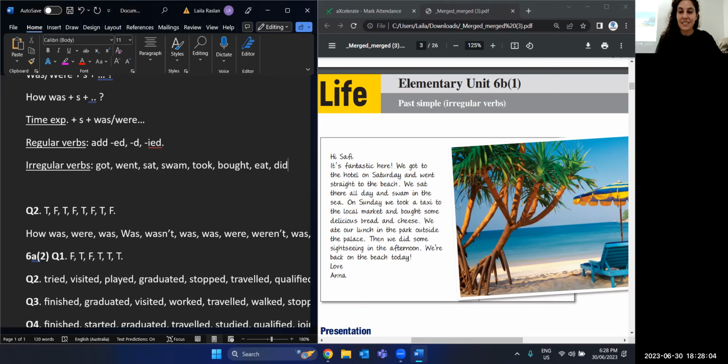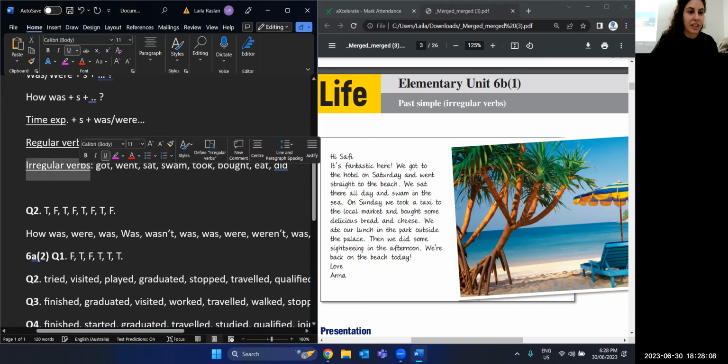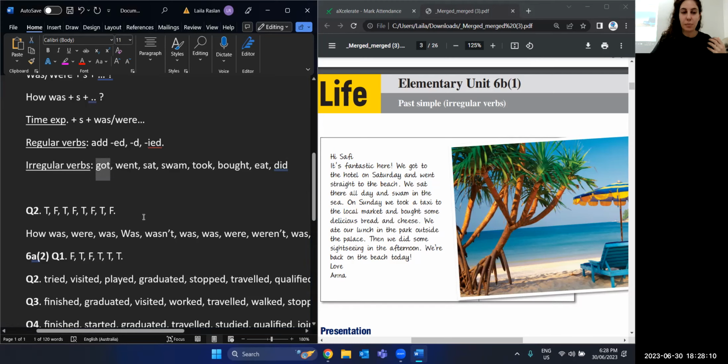So we can see lots of past irregular verbs. We got comes from the verb get. So if I get something, in the past I got. Went comes from go. So today I'm going to my class, tomorrow I will go to my class, but yesterday I went.